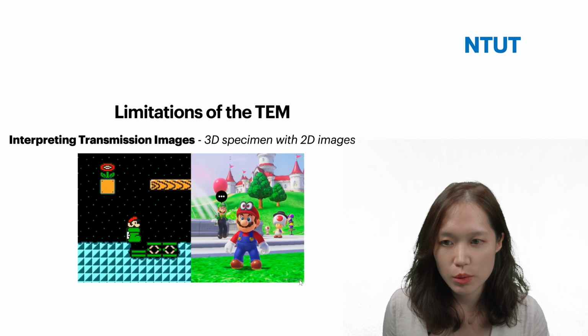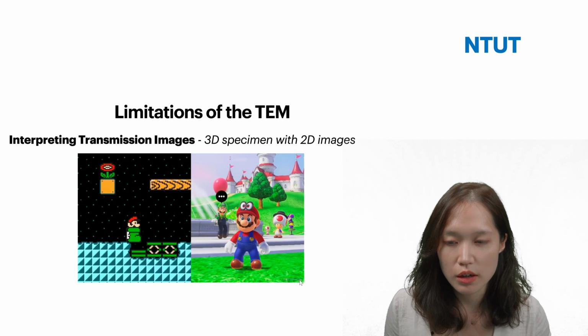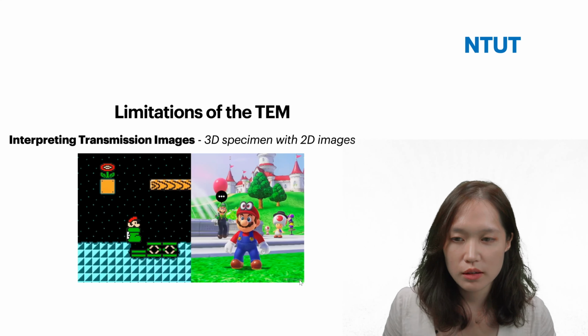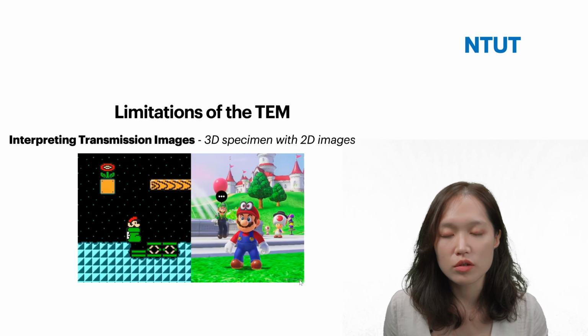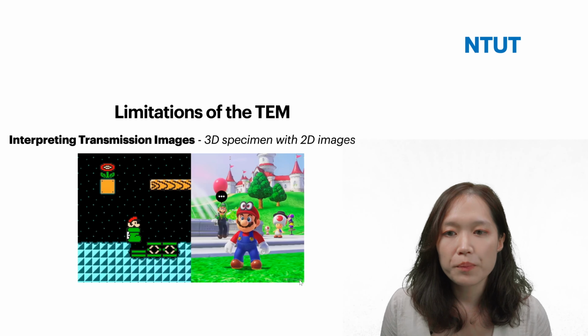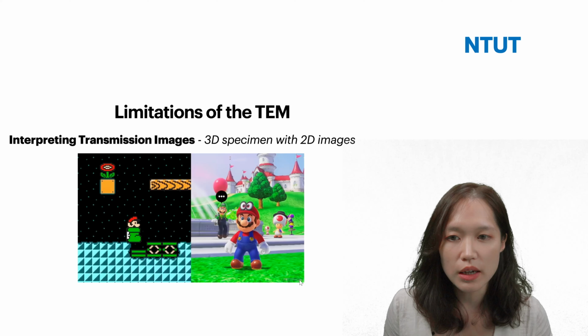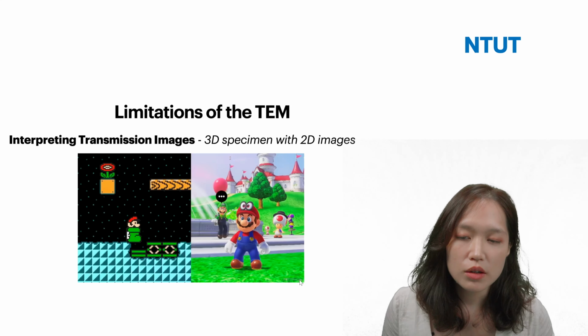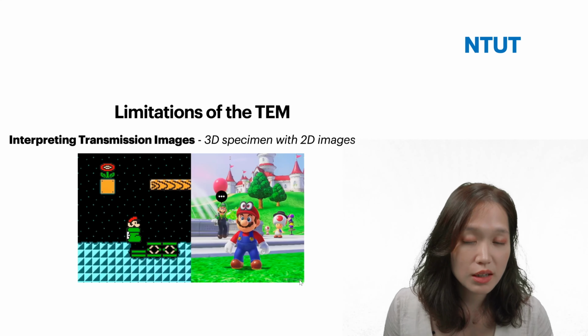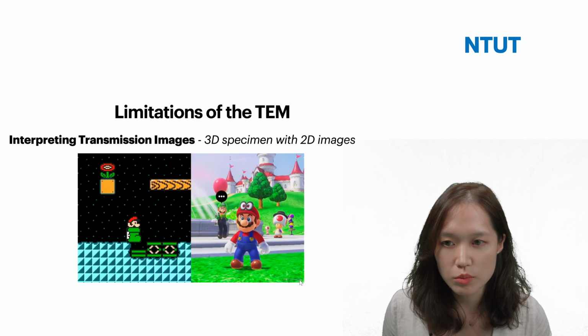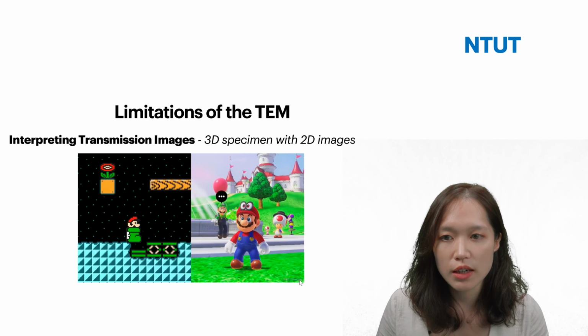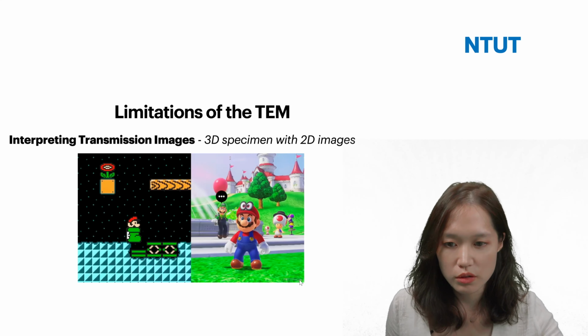So as you can see with Mario, if you guys are old enough like I am to see the old style Mario, which is a 2D slant. So we are trying to manipulate this 2D image into what we are actually dealing with, which is a 3D specimen. So interpretation of TEM images is of high importance.